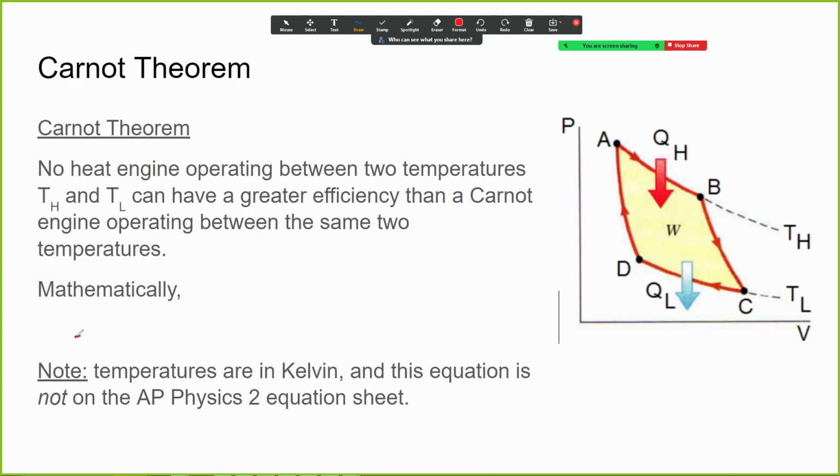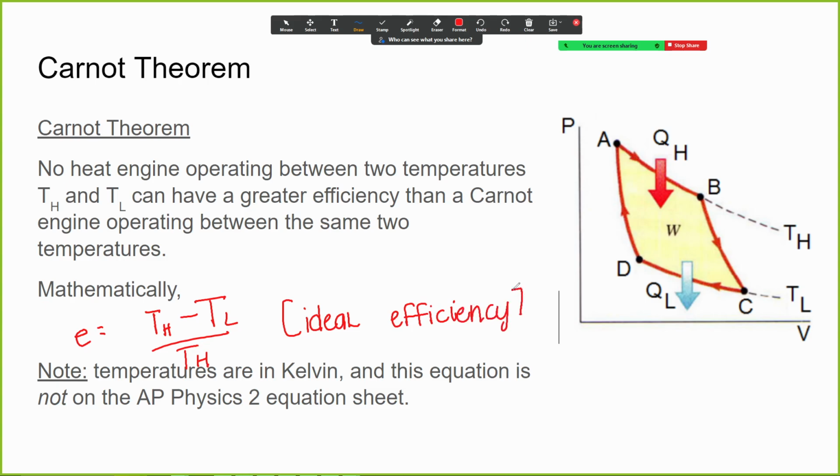So ideal efficiency is defined as TH minus TL over TH, and this is the ideal efficiency of any heat engine. This is absolutely not on your reference table, and the temperatures need to be in Kelvin, because you will not get the same ratio otherwise.